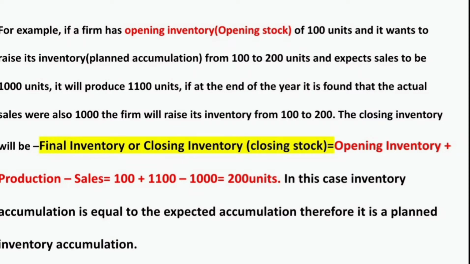How much is the production? 1100 units, minus from that, from the stock and from the production, 1000 units is sold. So the stock is 200 units. So everything goes as planned. In this case, stock accumulation or inventory accumulation, accumulation means increase, is equal to the expected accumulation. Therefore, it is a planned inventory accumulation.